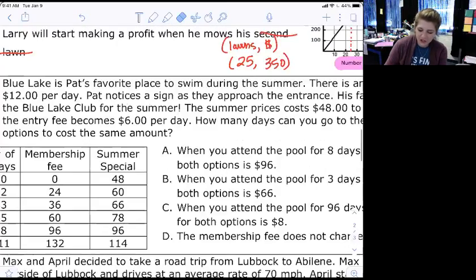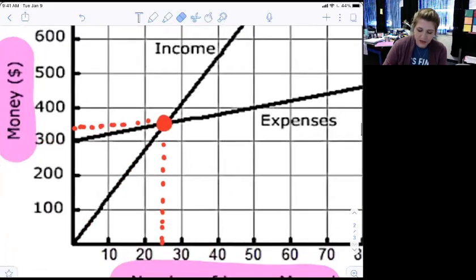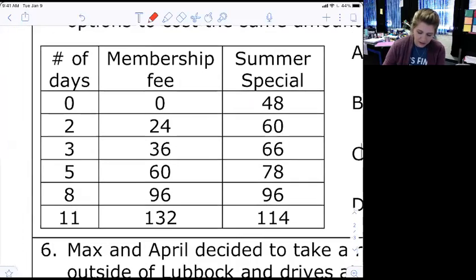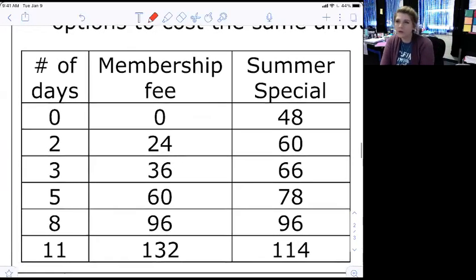Okay, so think about this for just a second. In order for this guy to be a solution, they share something, right? They cross and they share this point right here. They share it. That's why it's called a solution. So they have something in common, and that something in common is that point. So take a look back at that table again. What point do they have in common, guys?